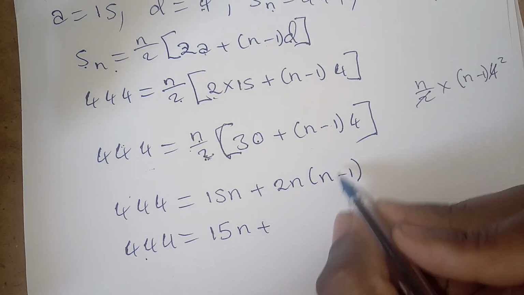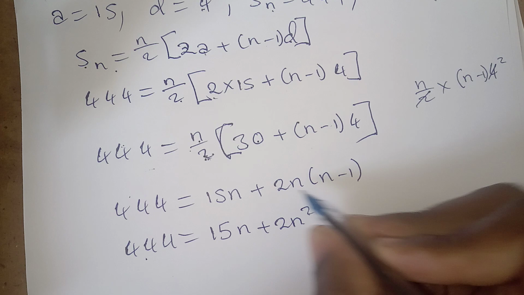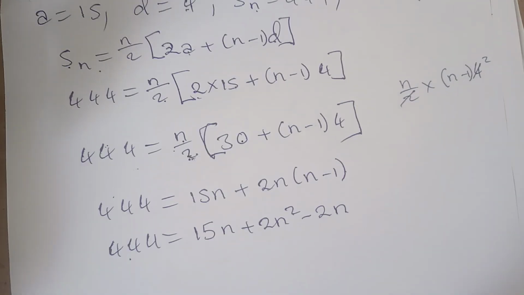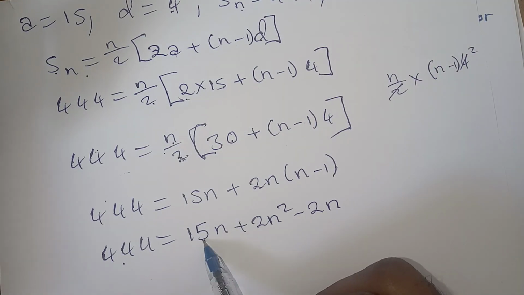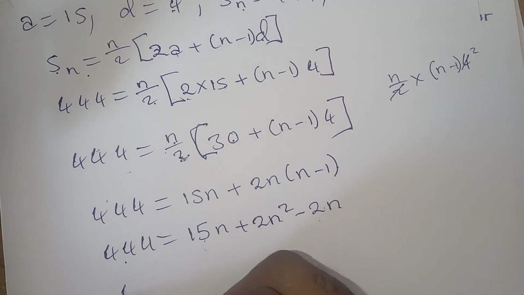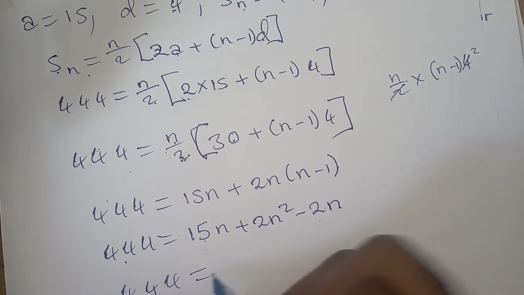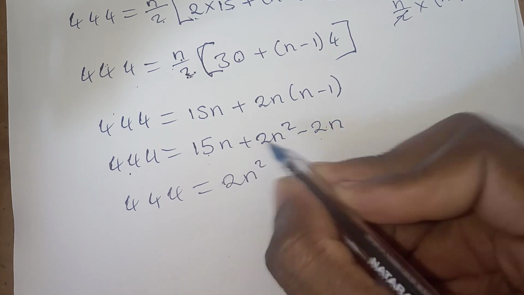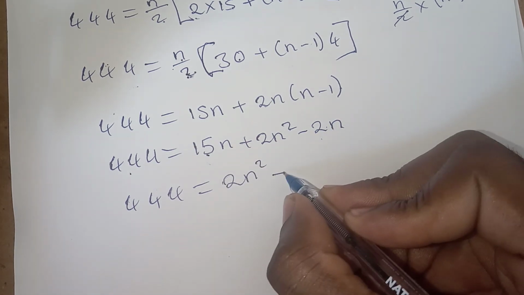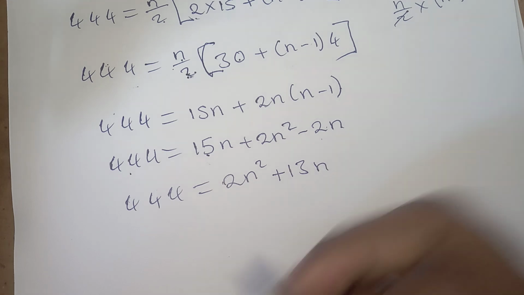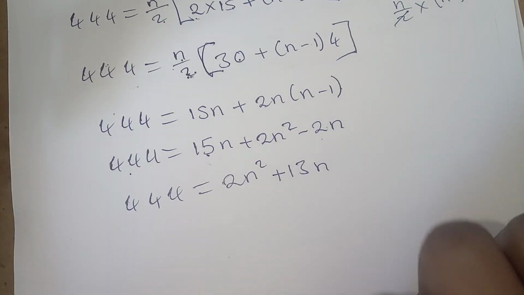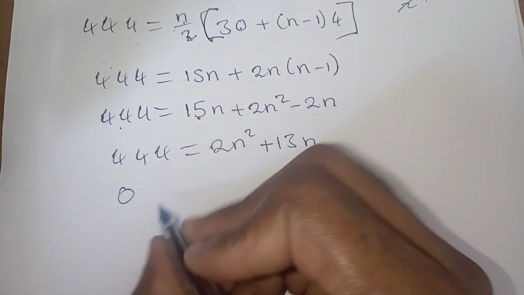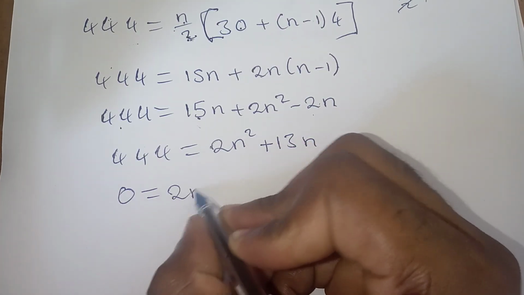When you expand this, you have 2n squared minus 2n. Like this, and then we can subtract these two. So we have 444 is equal to 2n squared, 15 minus 2 is positive 13n. To minimize the number of negative numbers, I'll just take the 444 to this side.